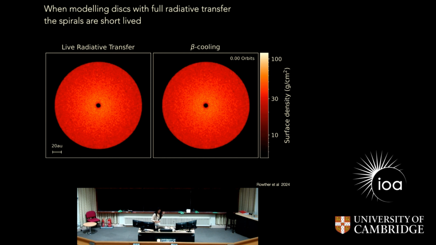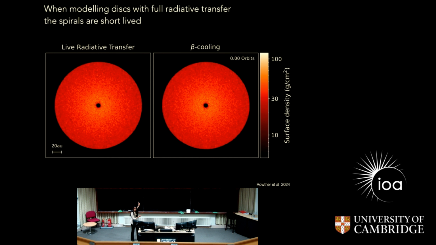One of the advantages of beta cooling is that it's computationally inexpensive, so we can use it to try to understand what goes on in disks. Certainly it's not the realistic way of modeling disks, but it's very, very useful to see what goes on.